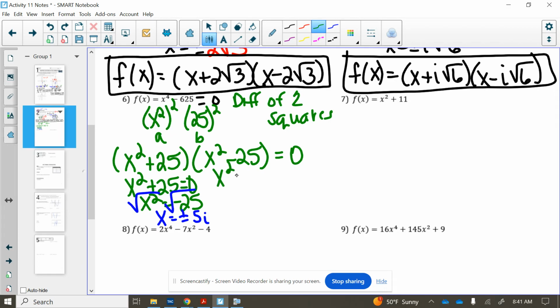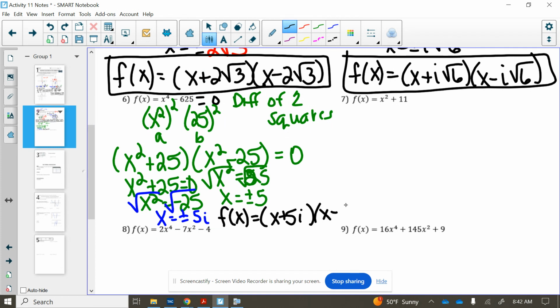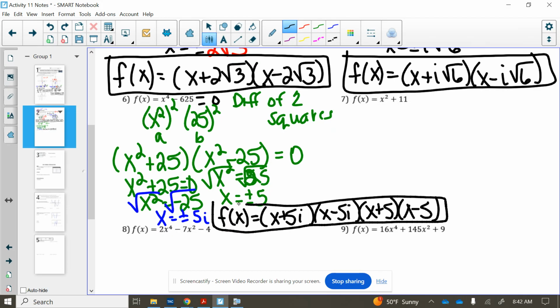And then the second part, when we add over and square root, we have positive or negative 5 that are real as our solutions. So then in the totally factored form, we have x plus 5i, x minus 5i, x plus 5, and x minus 5 as those complex linear factors, that factored form.